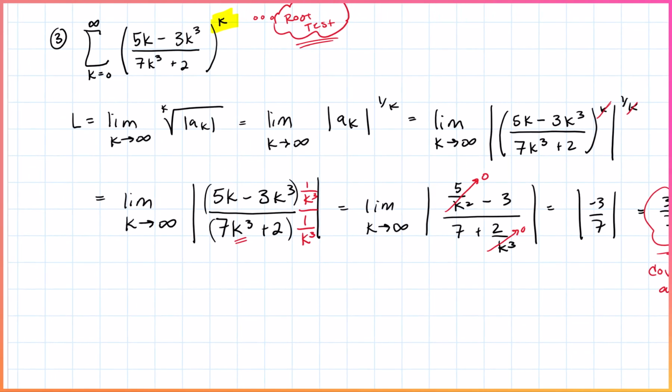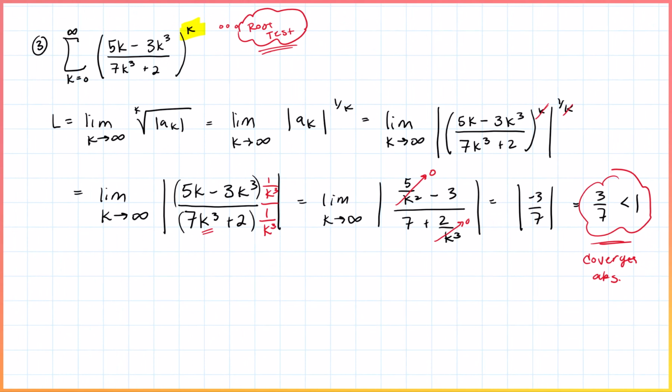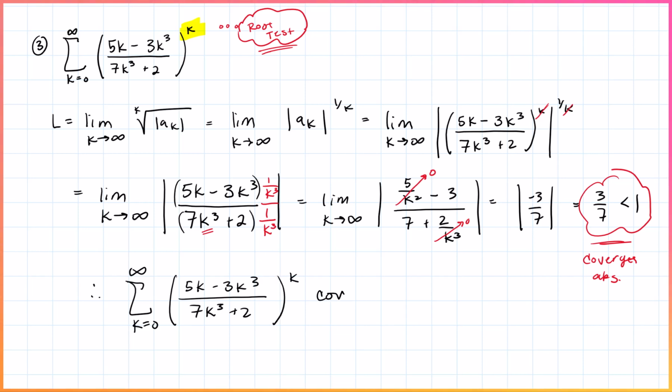And so we can say, through the root test, that the series k equals 0 to infinity of (5k minus 3k cubed over 7k cubed plus 2) to the kth power converges absolutely by, in this case, the root test.